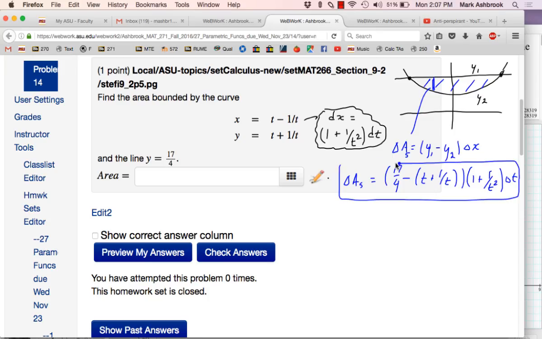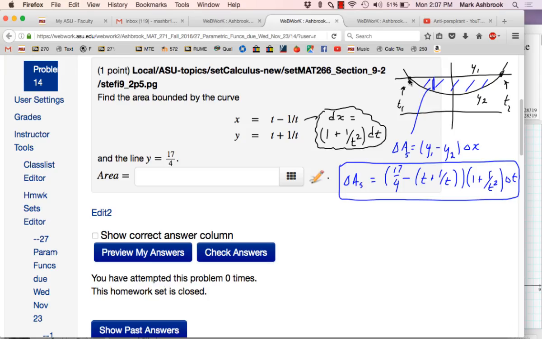So we substitute in our y's in terms of t, and then we figure out the derivative of x. The derivative of x, delta x, is going to be the derivative of x with respect to t. Then our integral will be from a starting t value to an ending t value, because we need to add up all these typical strips in terms of t.